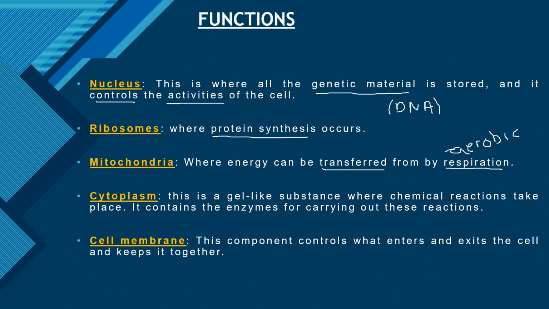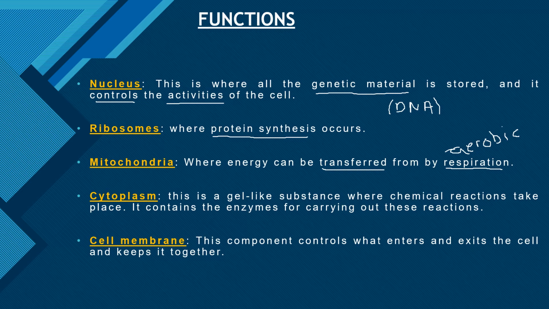Aerobic respiration. And you will look at this at a later date, but for extra information, as a reminder, of course, energy can't be produced, or in other words, created or destroyed. However, it can be transferred. So never say this mitochondria is where energy is produced. Never say the word produce. It's always transferred.